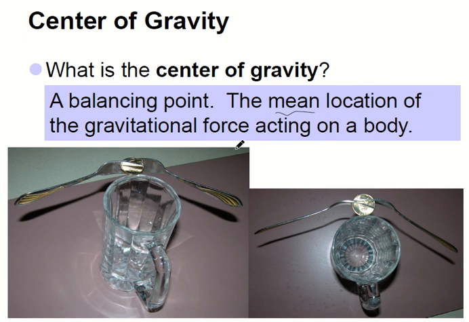So the mean location of gravitational force, and that gravitational force is very important because it's going to create a balance. And we call that the balance point, because if you disturb that balance, you're going to get some motion. So right now, look at that, we cross the fork and the spoon, and now we're setting that right here.